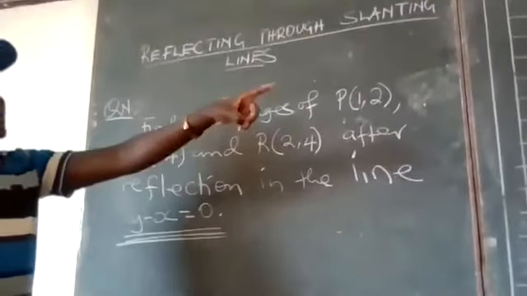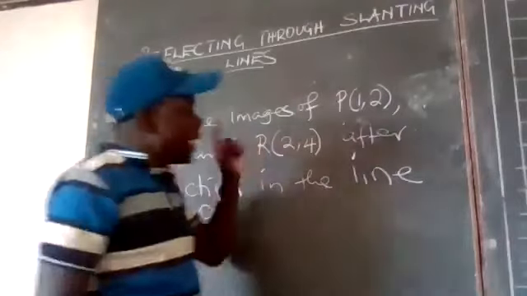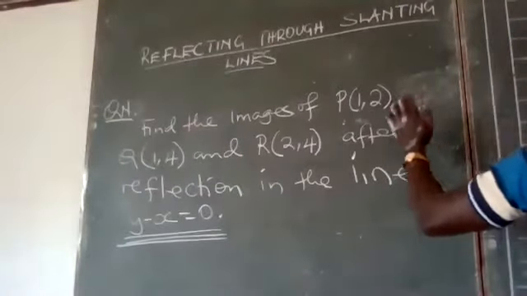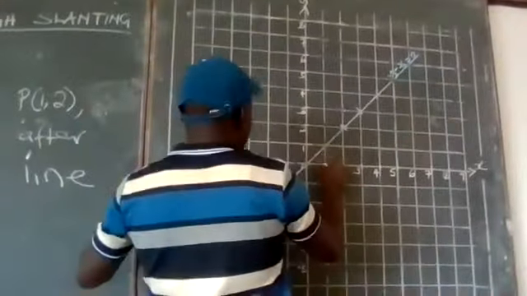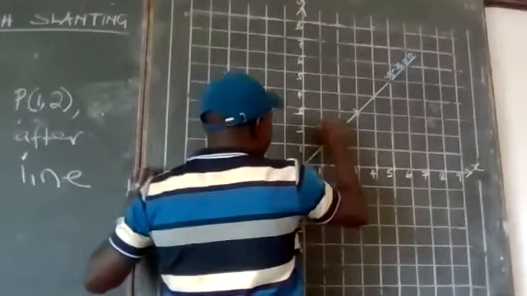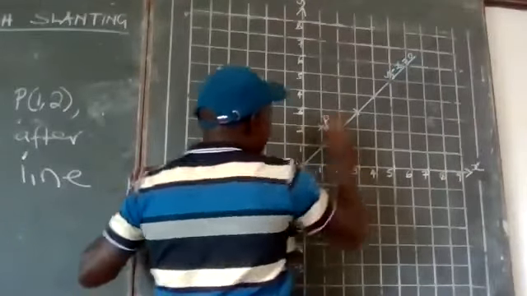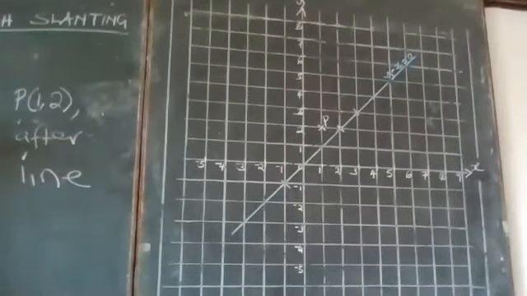Now our mirror line is already on the board. I come to plot a point. The first point here is P, 1, 2: 1 on the x-axis, then 2 on the y-axis. The point P is here. I hope no one has a problem with the plotting.